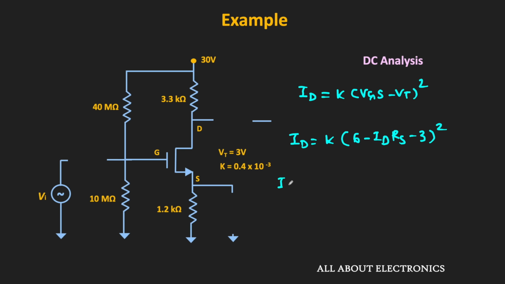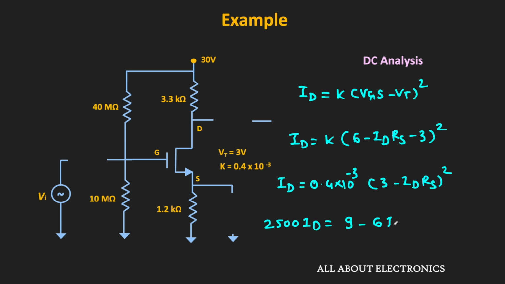That means drain current ID is equal to 0.4 times 10 to the power minus 3 times (3 minus ID times RS) whole square. Or we can say that 2500 ID is equal to 9 minus 6 times ID times RS plus ID square RS square. Now here the value of RS is equal to 1.2 kilo ohm.